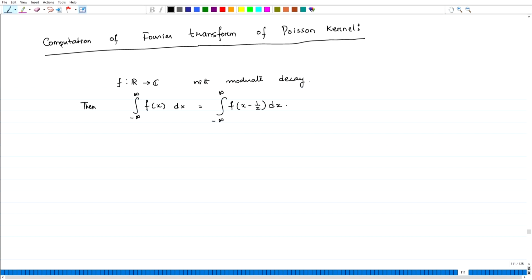Okay, so there is a little trick involved. Now let us take the right hand side. I can write it as the integral from minus infinity to 0 of f of x minus 1 by x dx plus the integral from 0 to infinity.